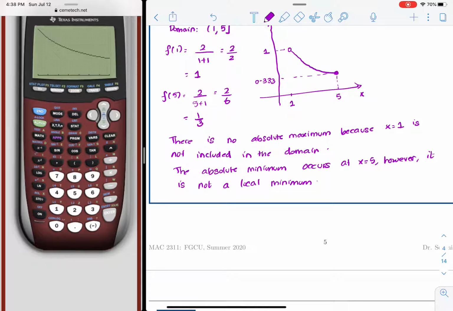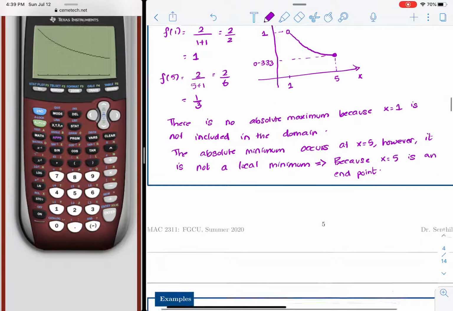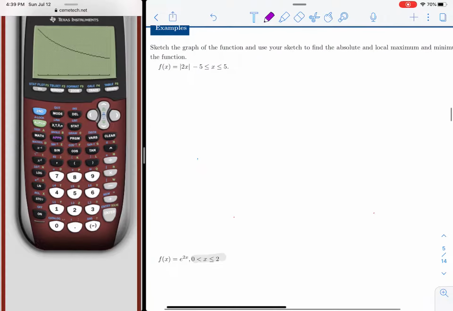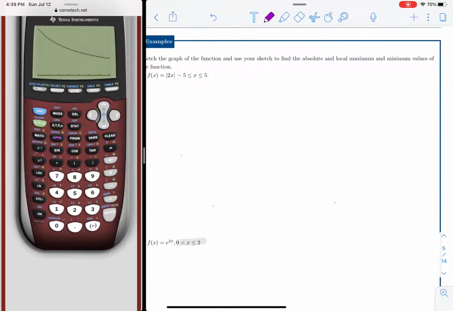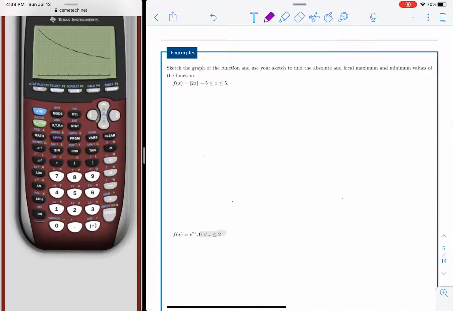A simplest way to look at it is because x is equal to 5 is an endpoint. So graphs are quite helpful in getting an insight into extreme values.